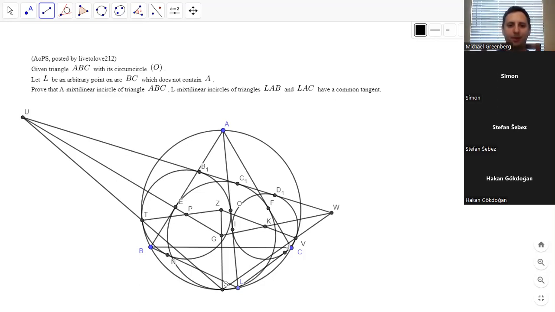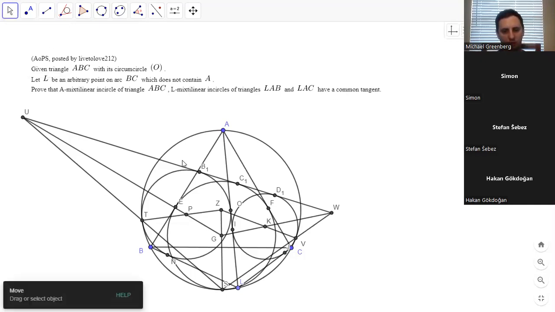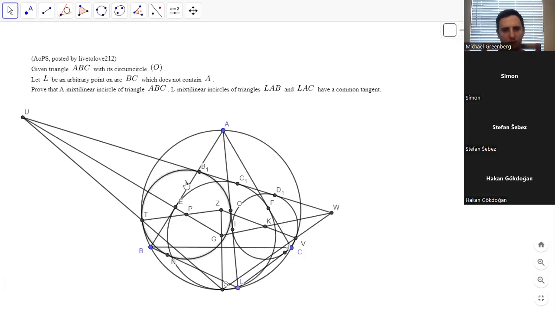So isn't there something with the two centers, the insimillicenter and the exsimillicenter, being in harmonic conjugation, right? Oh, but these two don't have an insimillicenter.